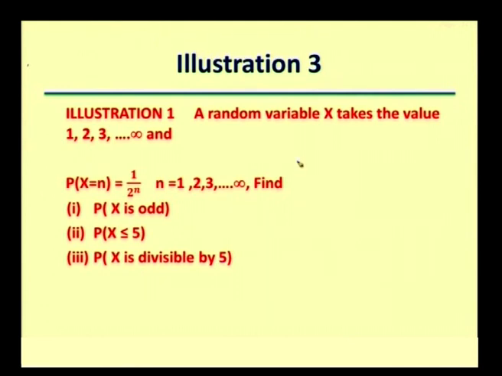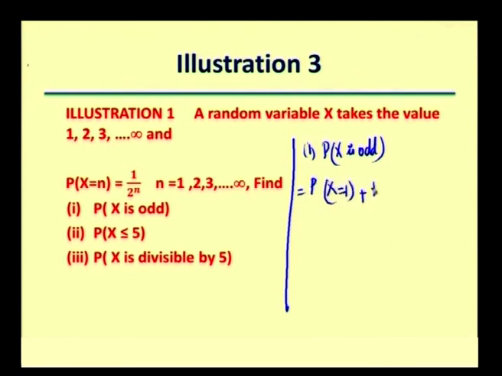Okay. So, now the solution goes as follows. First, p of x is odd. What is meant by odd numbers? List out all the odd numbers from n equal to 1 to infinity. So, listing out the odd numbers, p of x is equal to 1 plus p of x is equal to 3 plus p of x is equal to 5.